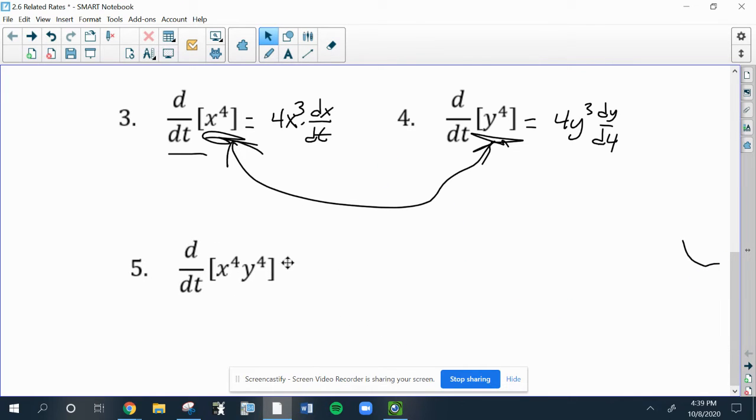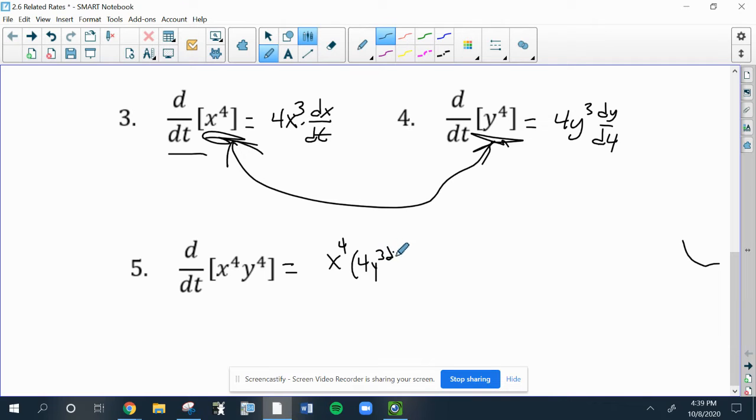You have to follow rules. So this one is going to remind you, follow the rules. This is a product rule. First times the derivative of the second, plus the second times the derivative of the first. I will simplify this.